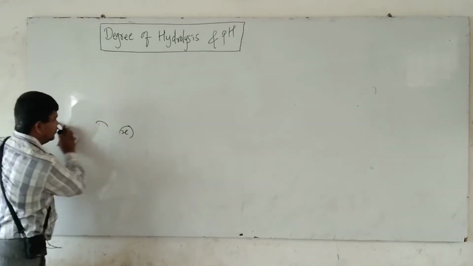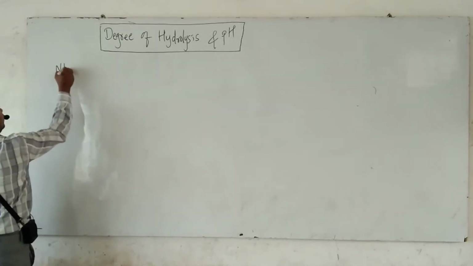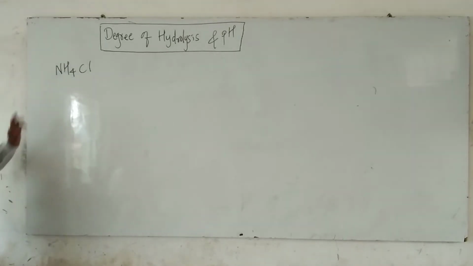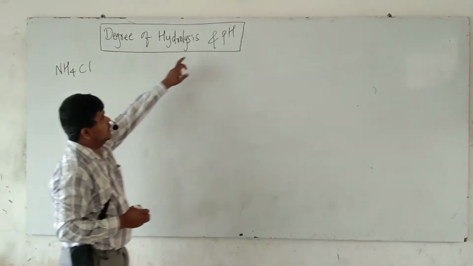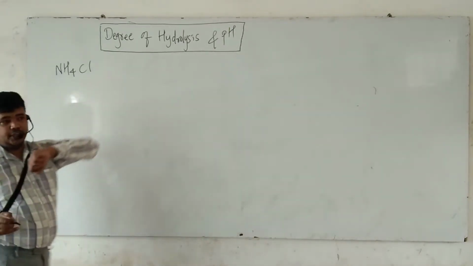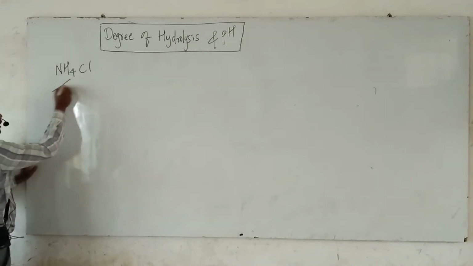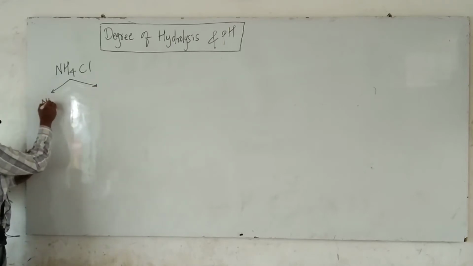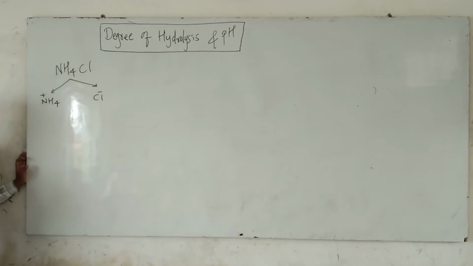Okay. Now consider the salt NH4Cl. Now what we are going to do? With the help of degree of hydrolysis, we are going to find out pH. Consider the salt NH4Cl. When NH4Cl will dissociate, it will give NH4 plus and Cl minus.